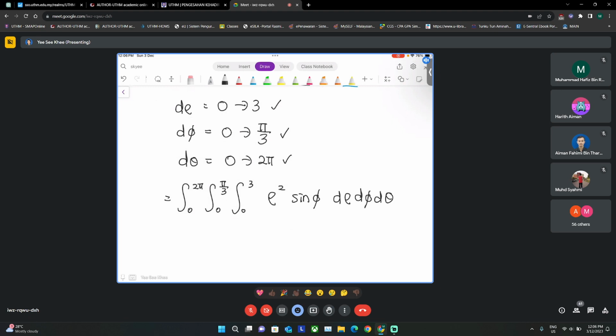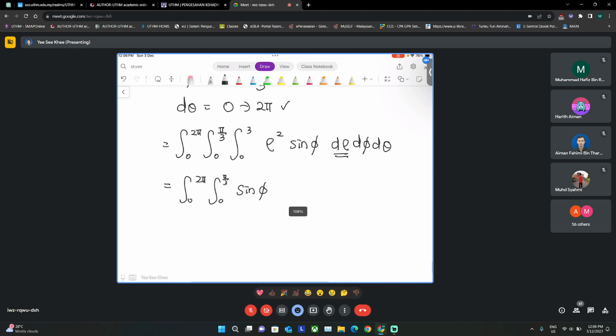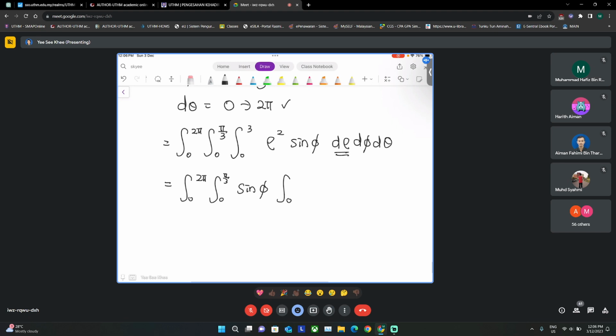For the first integration, you are dealing with rho. The sine phi you can take out, so you just integrate 0 to 3, rho square, d rho, d phi, and d theta.